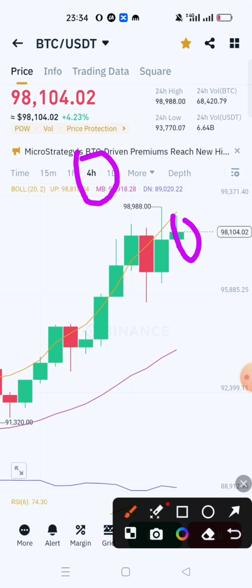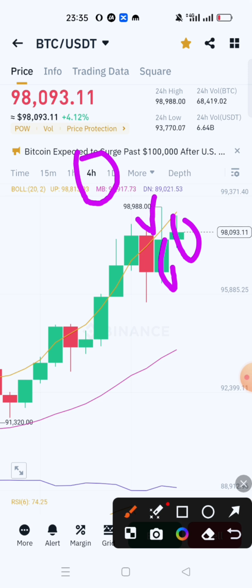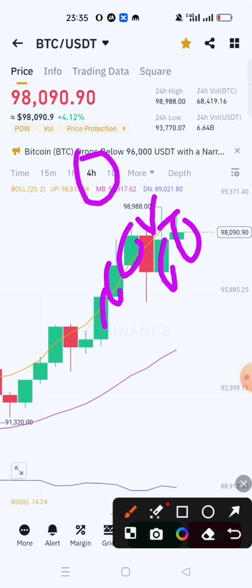For the past 4 hours Bitcoin rose. In the previous 4 hours, Bitcoin rose a little bit, an increase, and in the last 8 hours Bitcoin fell a bit. This is just the illustration of the 4-hour chart and candles. I think you get that clear now.